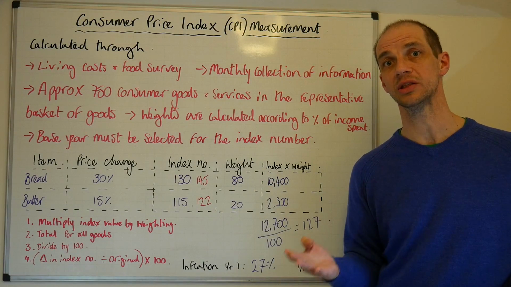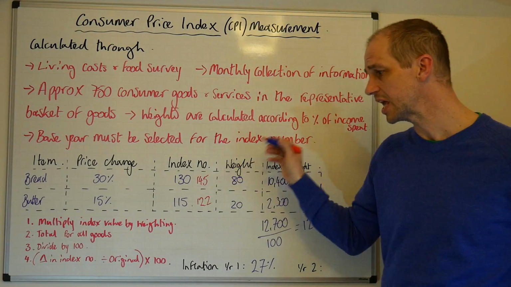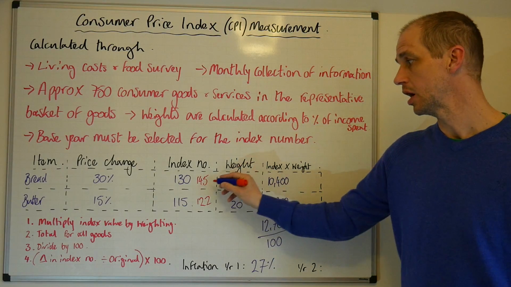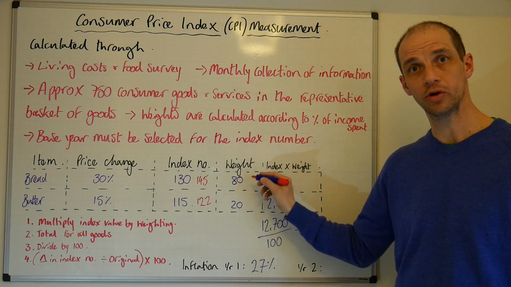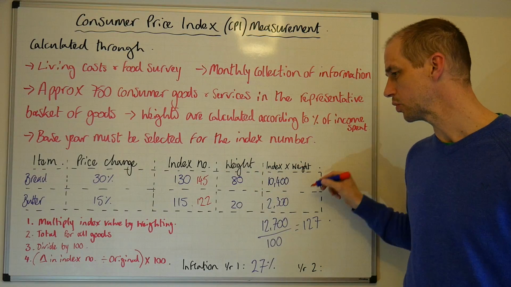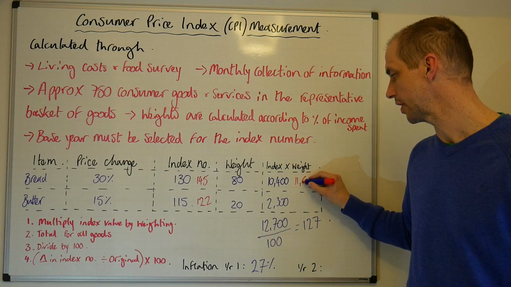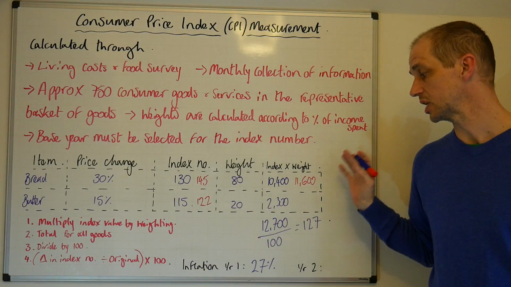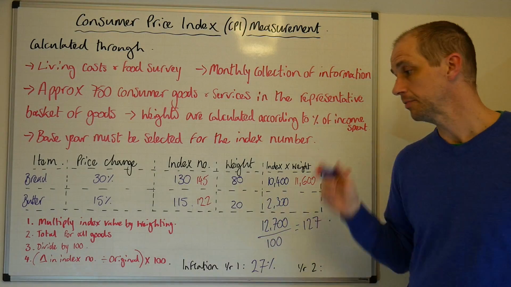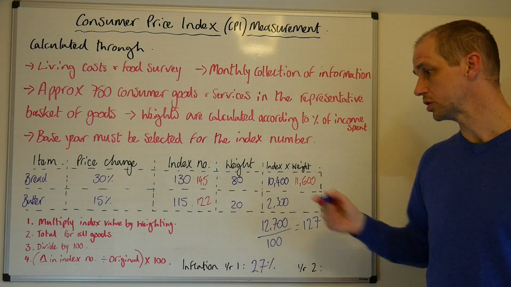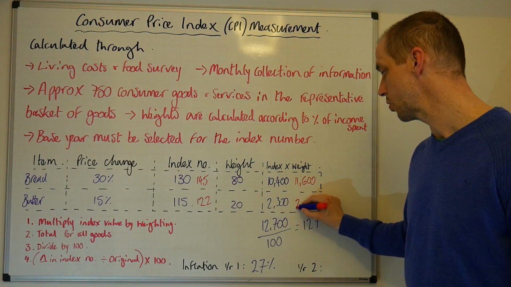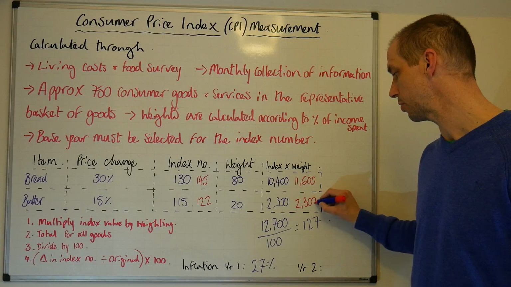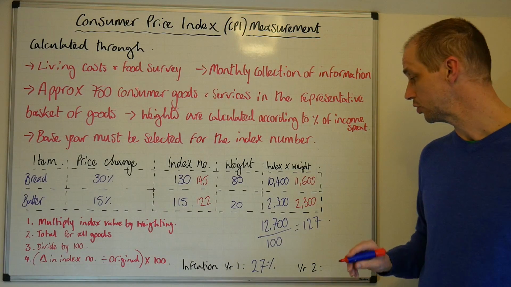So again, we need to multiply through 145 times 80, and that will give us 11,600. Okay, so we've got 11,600, and then as we go through 122 times 20, we can see that we would end up with 2,300.